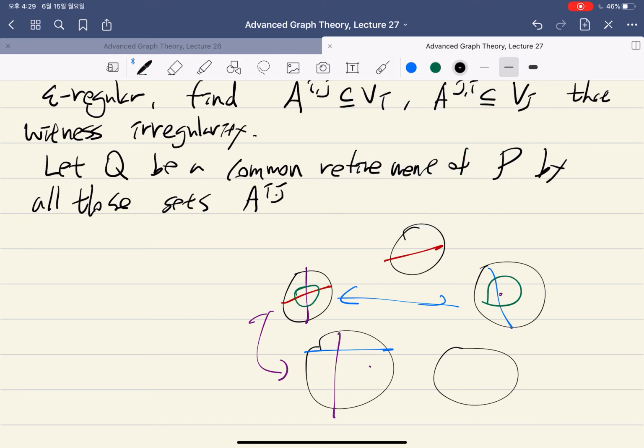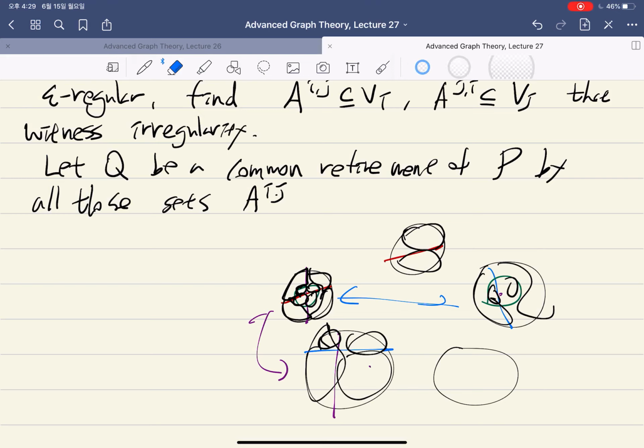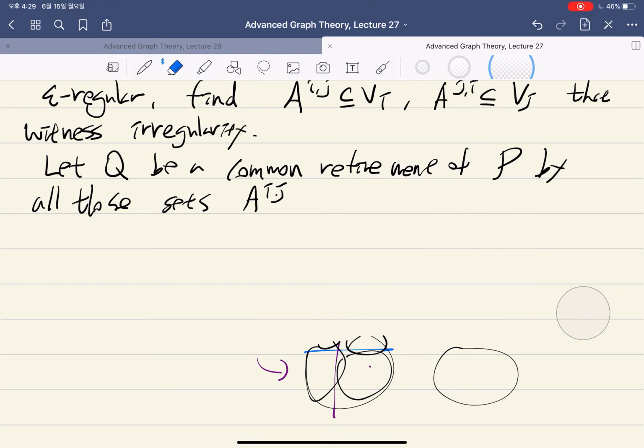Then you take the partition into 1, 2, 3, 4, 5, 6, 7, 8 parts here, and 2 parts here, 4 parts here, and 4 parts here. And then, that's your common refinement.